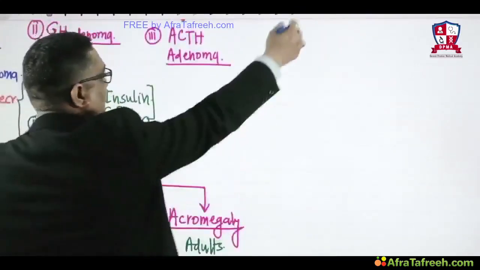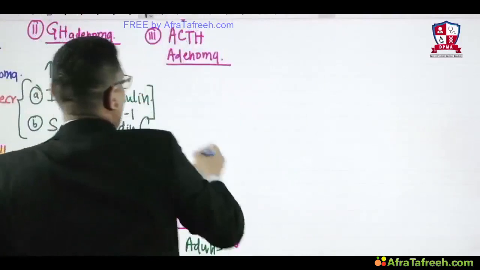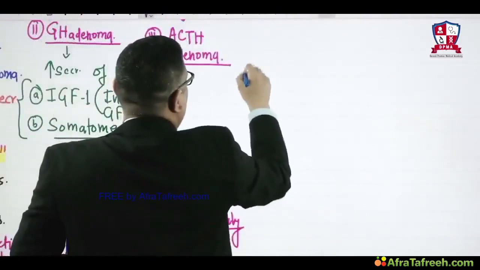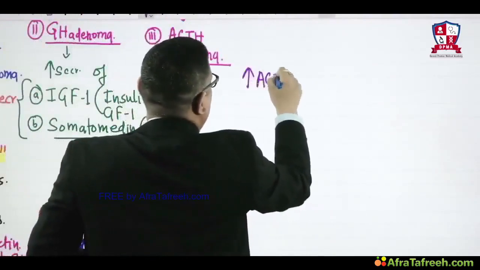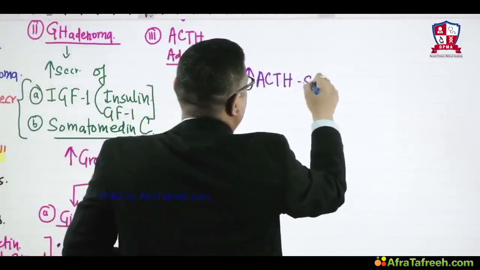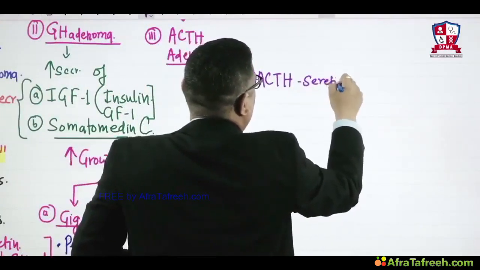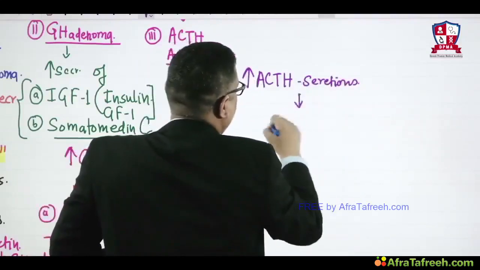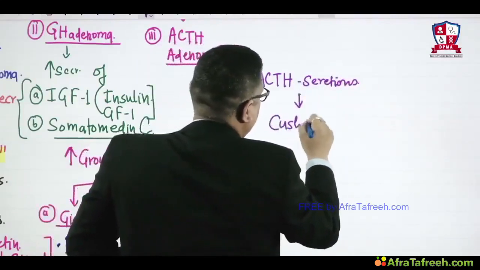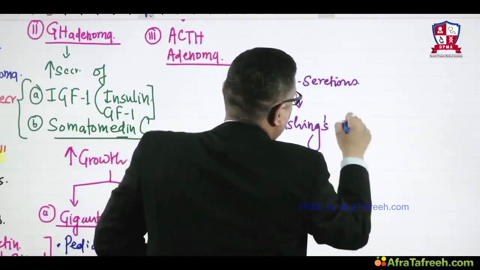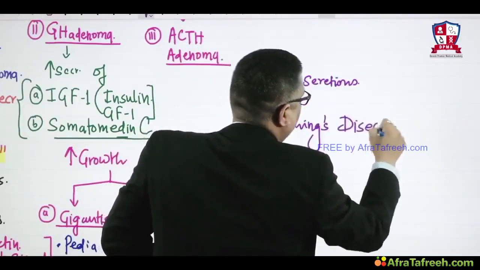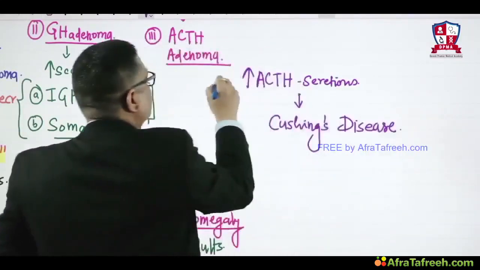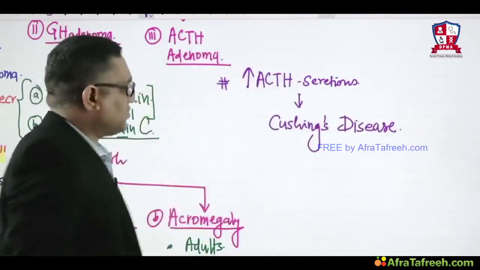Third is ACTH adenoma. In this, there is an increased amount of ACTH secretion, right? And this ACTH secretion causes the disease which is called Cushing's disease, right? Excessive ACTH release leads to Cushing's disease.